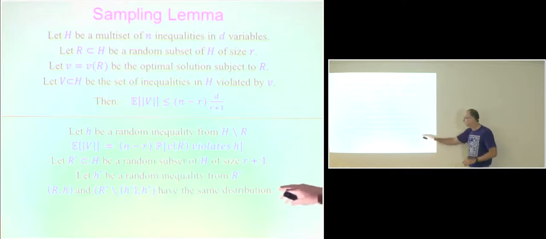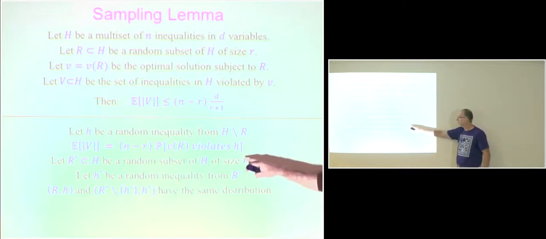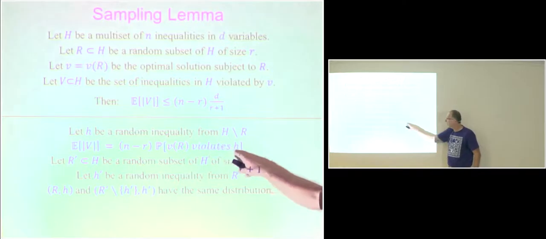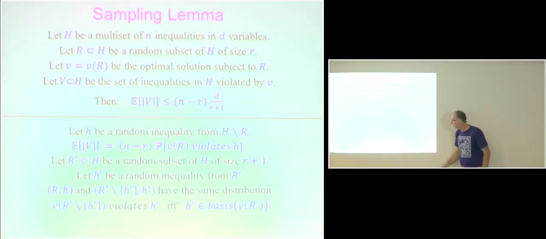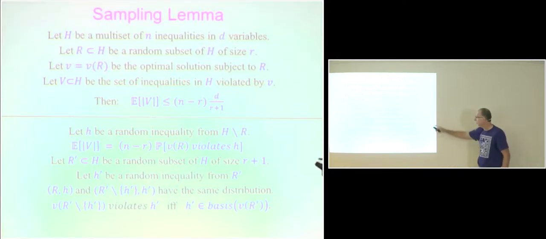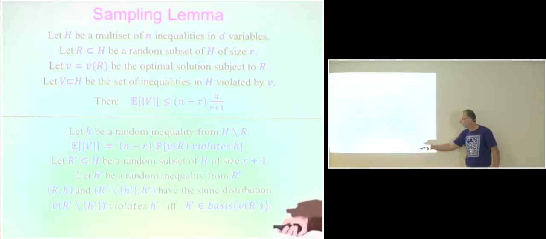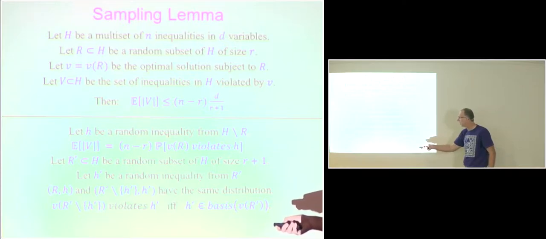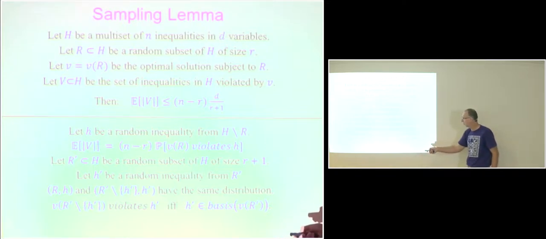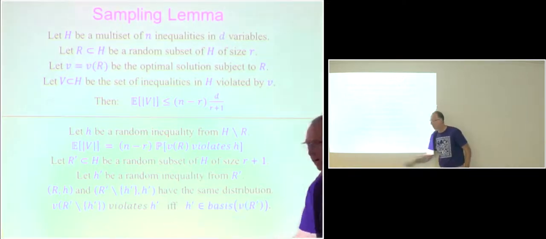Okay? So instead of computing the probability that V of R violates H, we need to see what's the probability that this happens. What's the probability that if we take a random inequality H prime from R prime and delete it, then the solution that we get violates H prime?